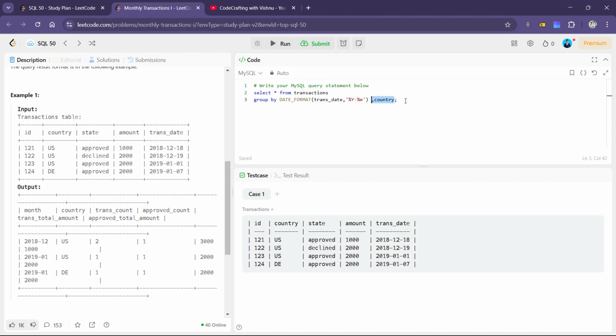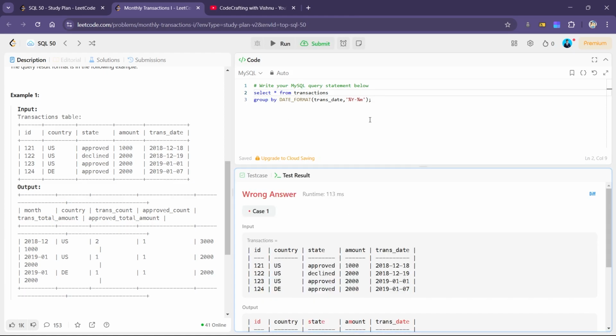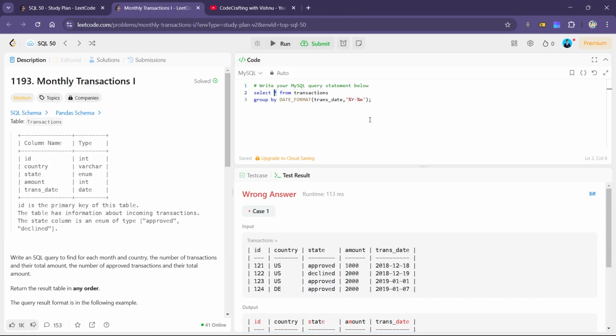So first let's divide it by year and month and let's see the result. We cannot select everything, so let me select only this part as month.